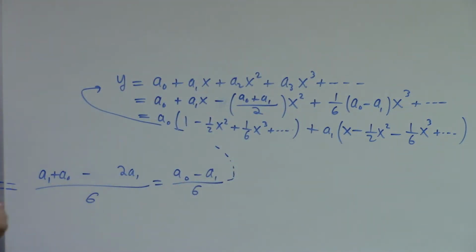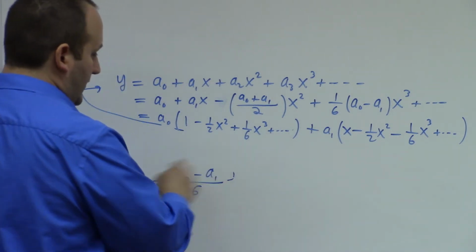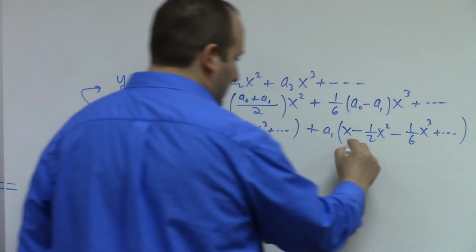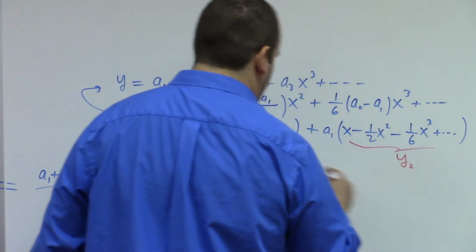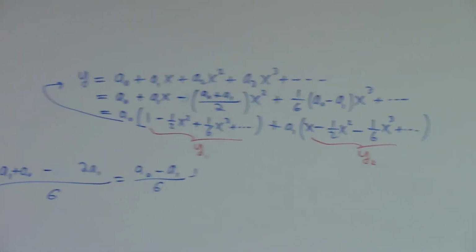And so we can recognize, from the viewpoint of our general discussion of the theory from before, that these are the fundamental solutions. This is the y1, so to speak, and this is the y2. And a naught and a1 are playing the role that c1 and c2 played before. Do you guys see it?